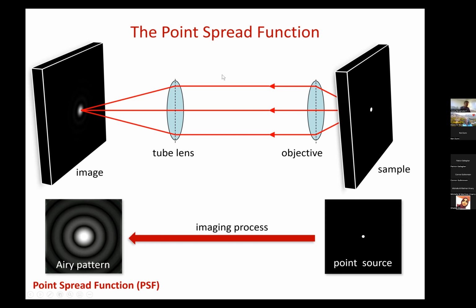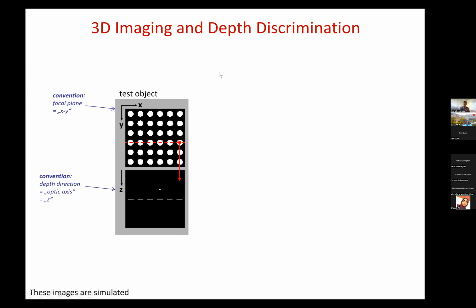So how does the point spread function in 3D of a wide field microscope look like, not the confocal microscope? And how does that affect your image so that you get all this out of focus light? For that, I created a simulation of a 3-dimensional test object. It consists of these little disks in the focal plane. So they're just on the cover slip surface, if you like. This is the side view of these discs. And then there's one tiny little disc a little bit further into the sample above the plane of these discs.